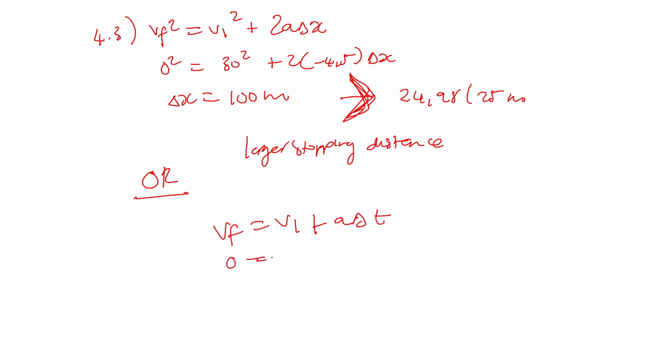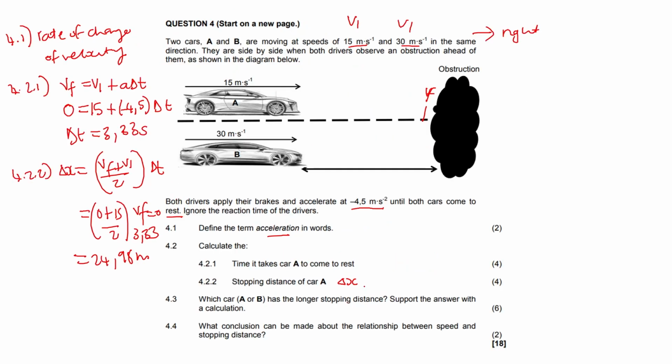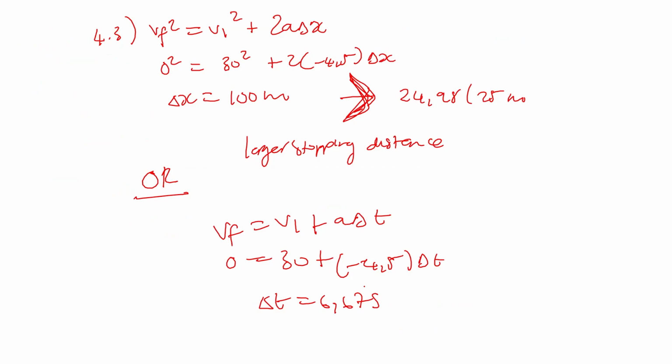That would be 0 equals 30 plus minus 4.5 times time, and you calculate time to be 6.67 seconds. It took car A 3.33 seconds to stop, and it takes car B 6.67 seconds to stop. So it takes car B longer to stop, so there's a larger stopping distance.